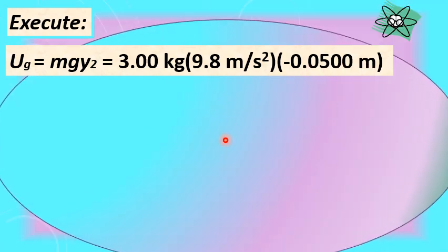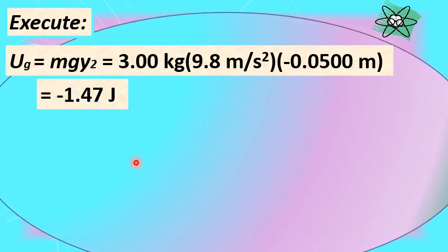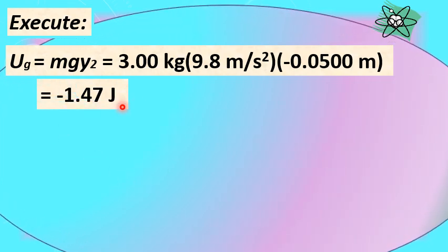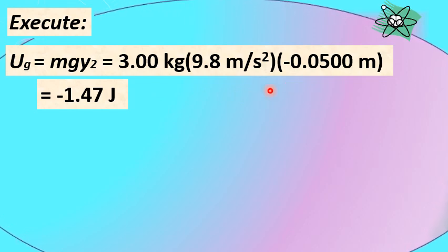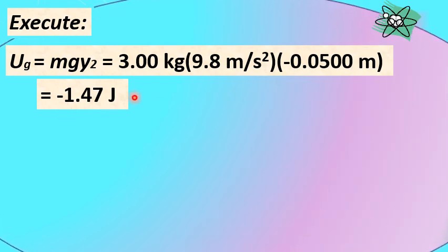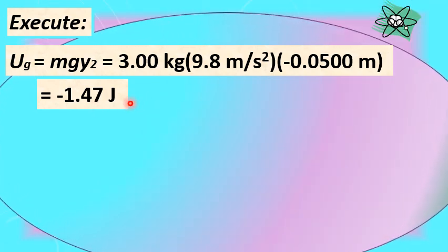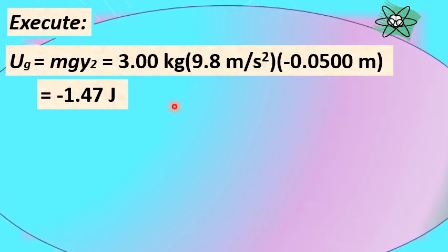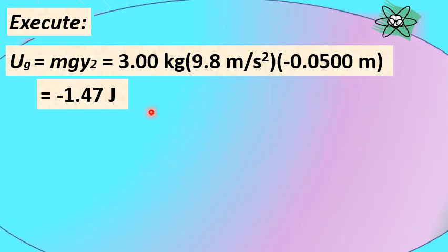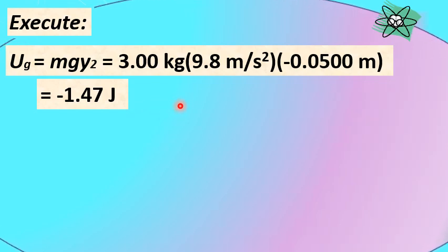So when we do our math, we get the gravitational potential energy of the fish at that position y sub 2 equal to negative 1.47 joules. As expected, it has a negative sign because the gravitational potential energy is being measured below the reference level. The reference level that we chose is position number 1, where y sub 1 is equal to 0.